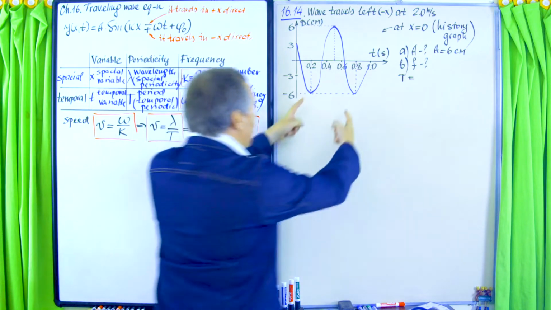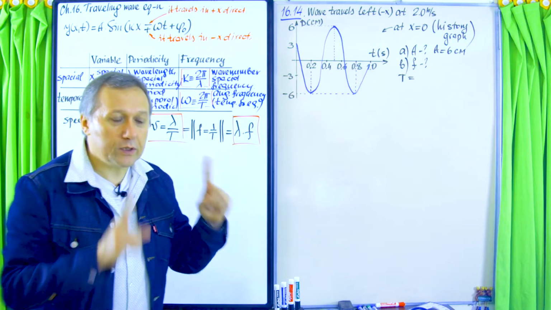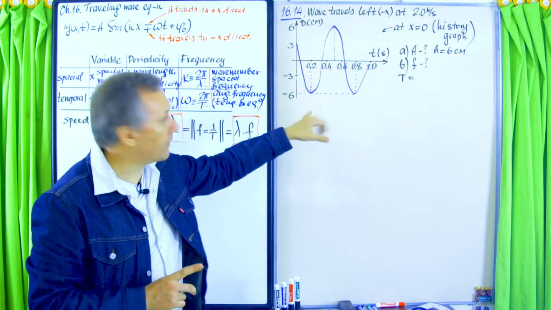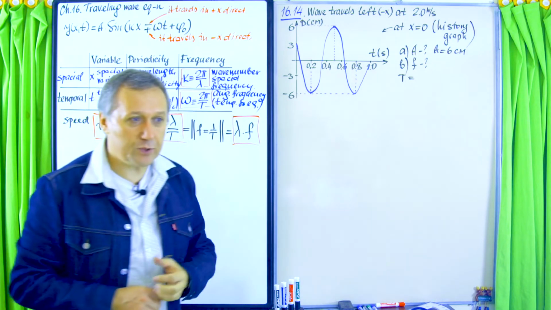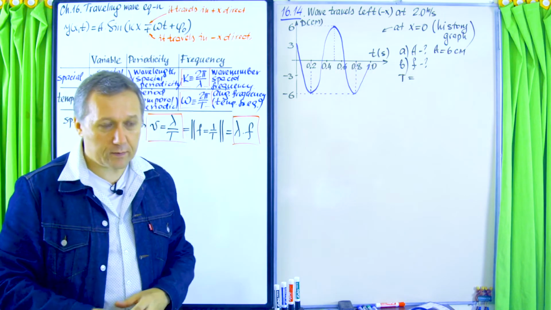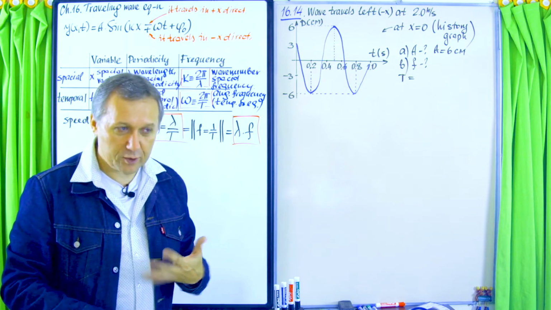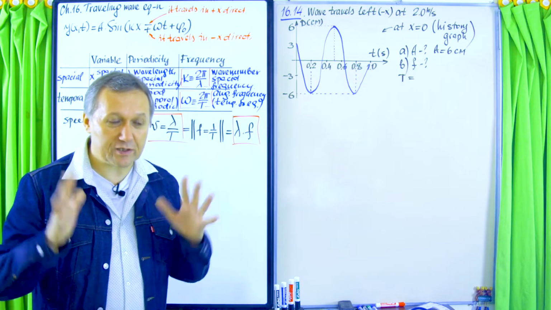So this stretch of time is the period. So if you have a history graph, this distance between troughs or crests is the period. But of course, if you have a snapshot graph, you will have plenty of spatial information.